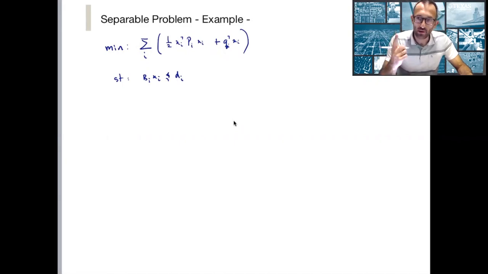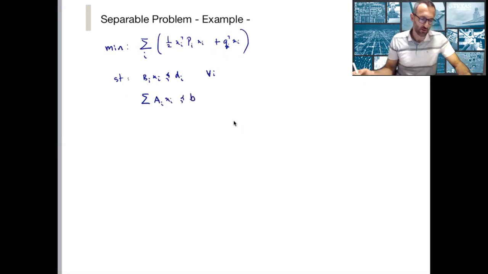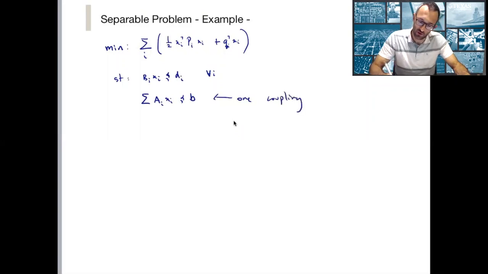And then one coupling constraint: sum of ai xi less than or equal to b. So I have one coupling constraint.